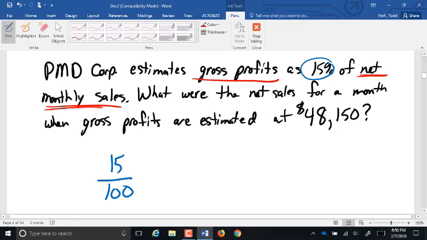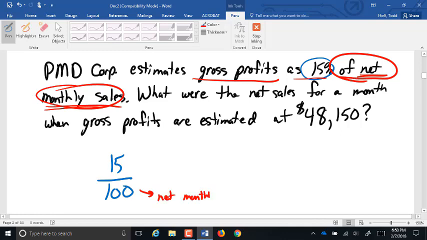Is all of your net sales going to be profit? No, some of your net sales go to cost, go to labor. The gross profit is the smaller of those numbers. It is 15% out of the net monthly sales. That 100%, that base amount, is the net monthly sales.